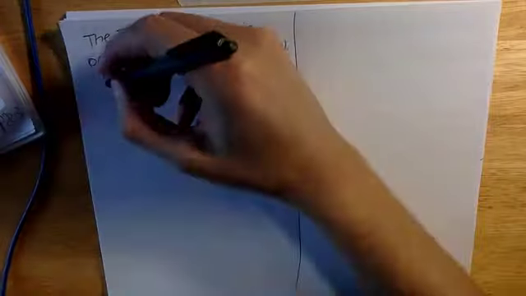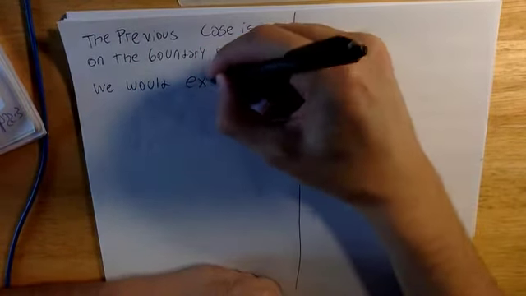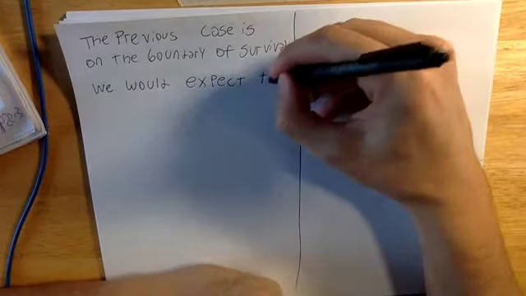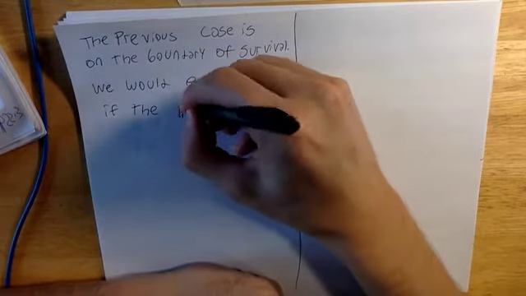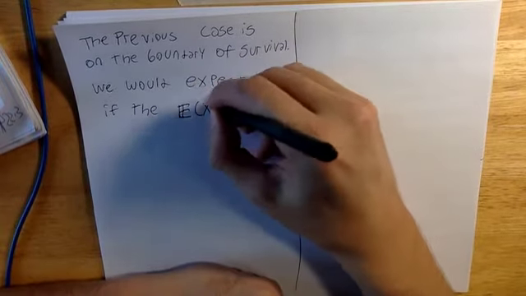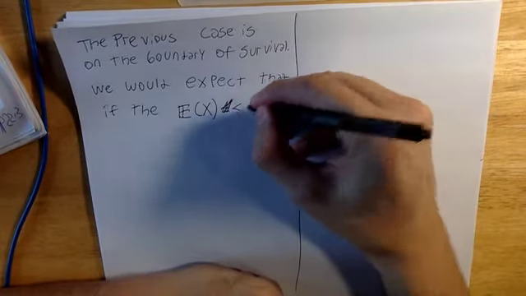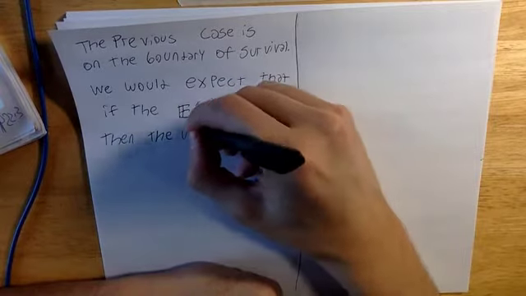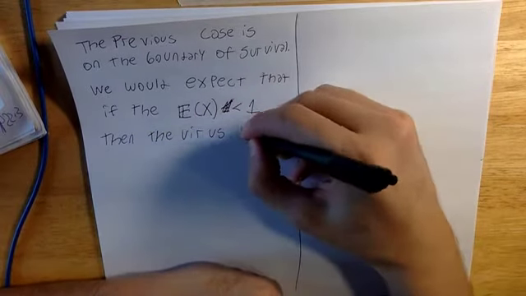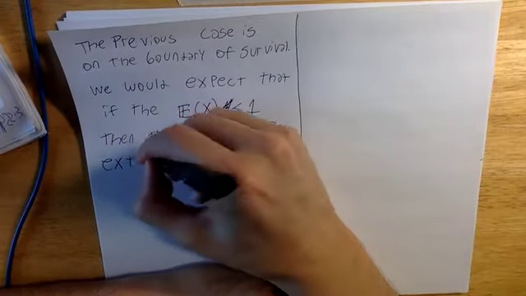So we would expect that if the expected value of x is less than 1, then the virus will go extinct.